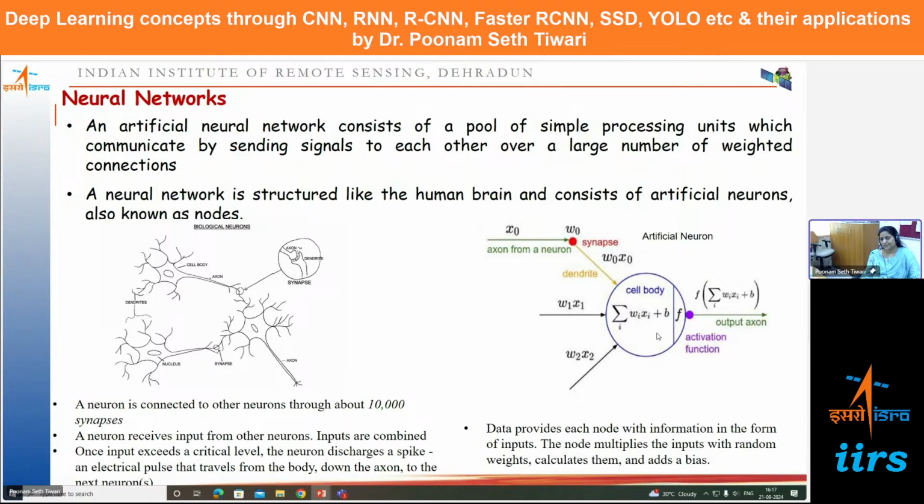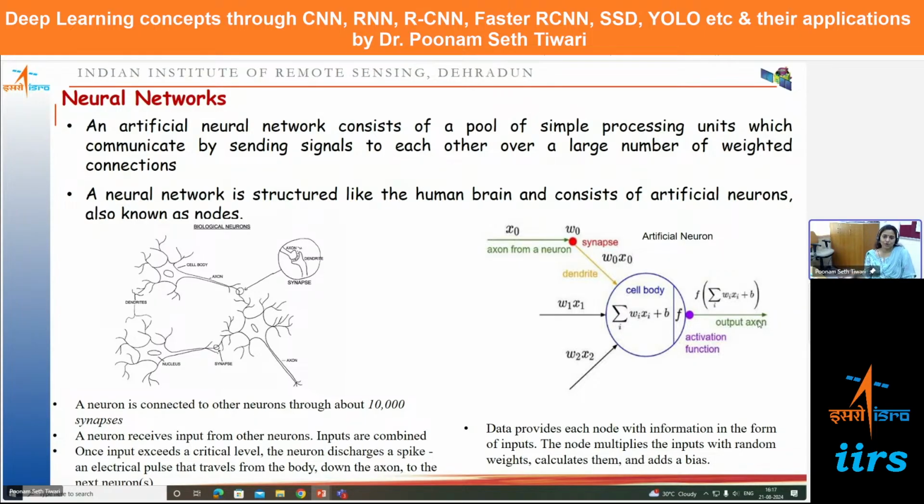And then if this entire value is above a certain threshold, then this neuron gets lit up. Lit up means it becomes activated. There is also a parameter called the activation function, but we'll not talk about it. If it is activated, it will pass this information on to the neurons of the next layer.